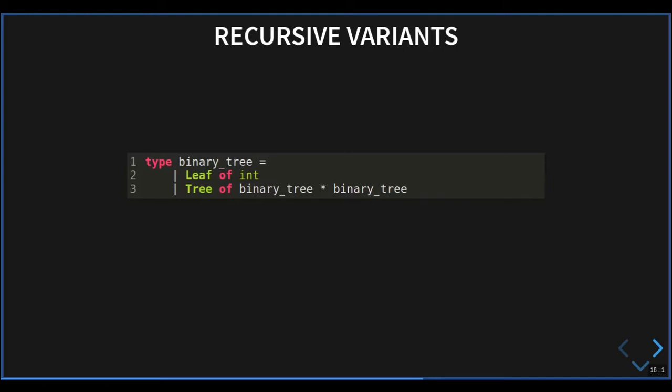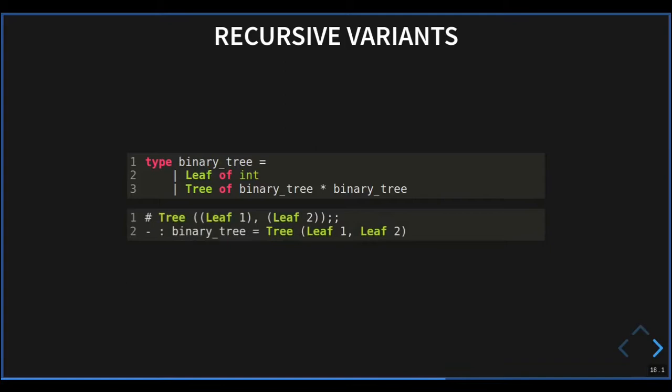A binary tree is either a leaf holding an integer, or it's a tree holding two other trees. And we can use these Leaf and Tree constructors to create a binary tree, and in this example there's a tree holding two leaves with values 1 and 2.